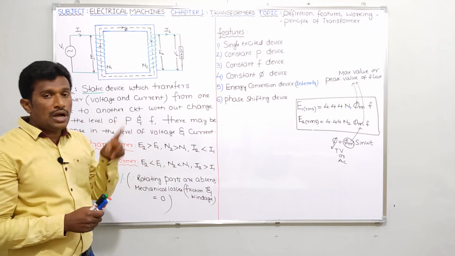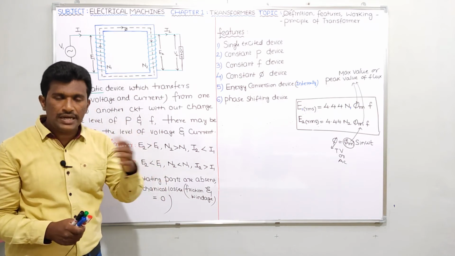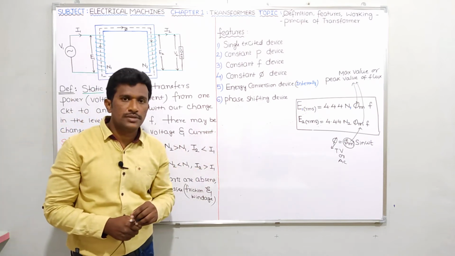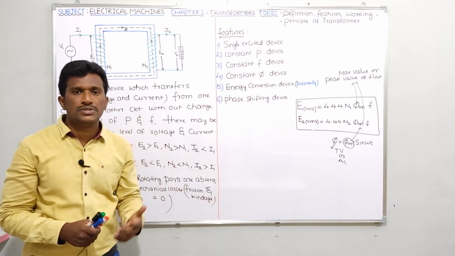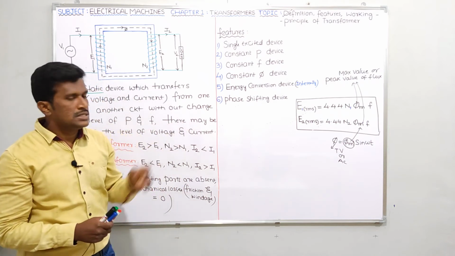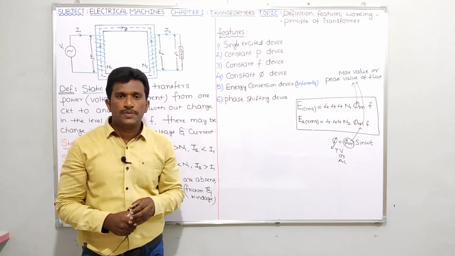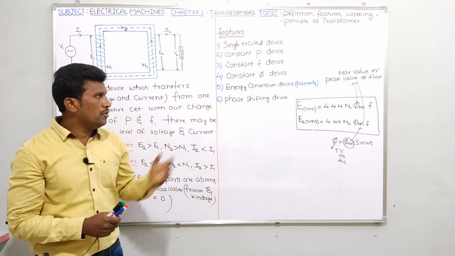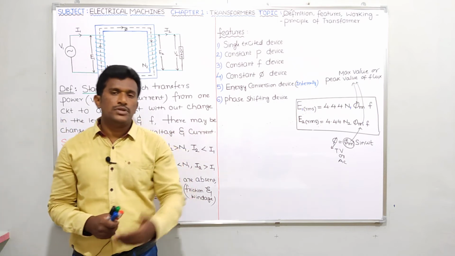Since transformer offers 180 degrees phase displacement from input side to output side, transformer can be called as phase shifting device. That will come in vector diagrams.